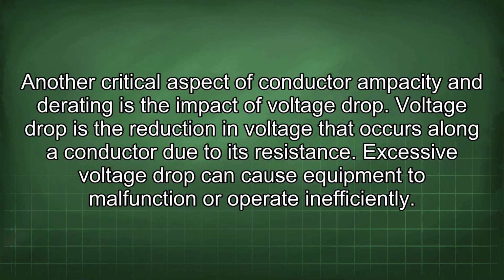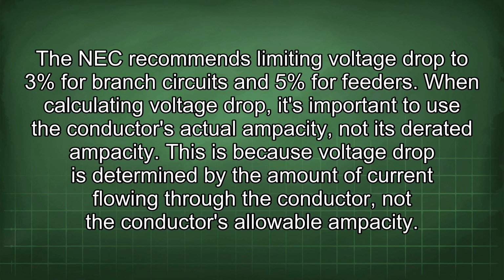Another critical aspect of conductor ampacity and derating is the impact of voltage drop. Voltage drop is the reduction in voltage that occurs along a conductor due to its resistance. Excessive voltage drop can cause equipment to malfunction or operate inefficiently. The NEC recommends limiting voltage drop to 3% for branch circuits and 5% for feeders.